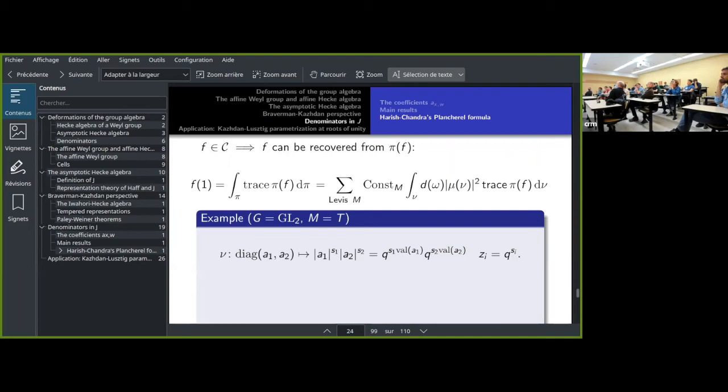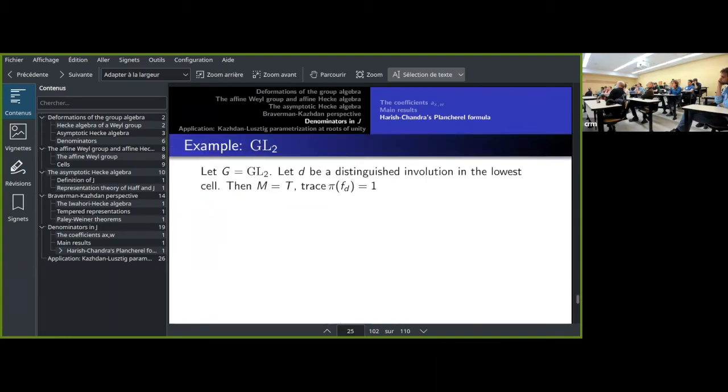So for example, for GL2, when the Levi subgroup is just the torus, the diagonal torus, unramified characters look like this. The simple tempered representations are just the irreducible unitary principal series. And this integral is just an integral over two copies of the unit circle of this rational function. So for example, in some cases, we can show the trace is just 1.